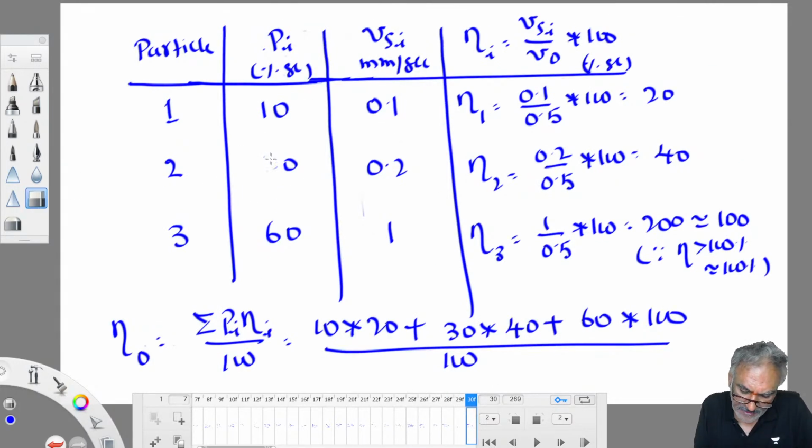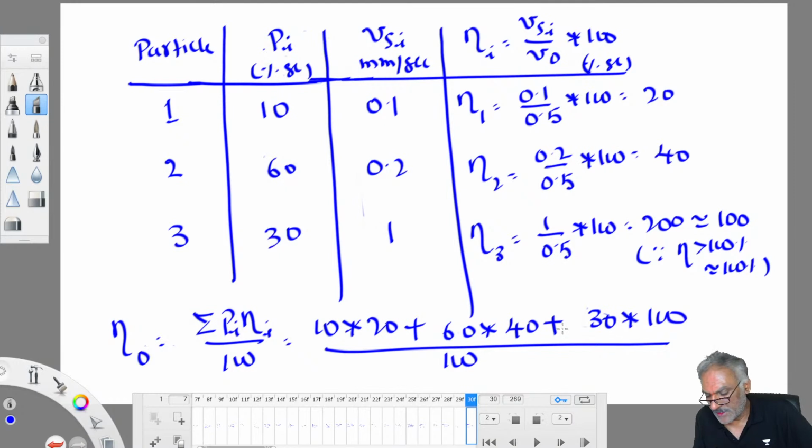This is 60%, sorry. The last one is 30%. See, silly mistakes you commit will go wrong. Now we'll get it. 10, 60, 30, the order you have to follow.